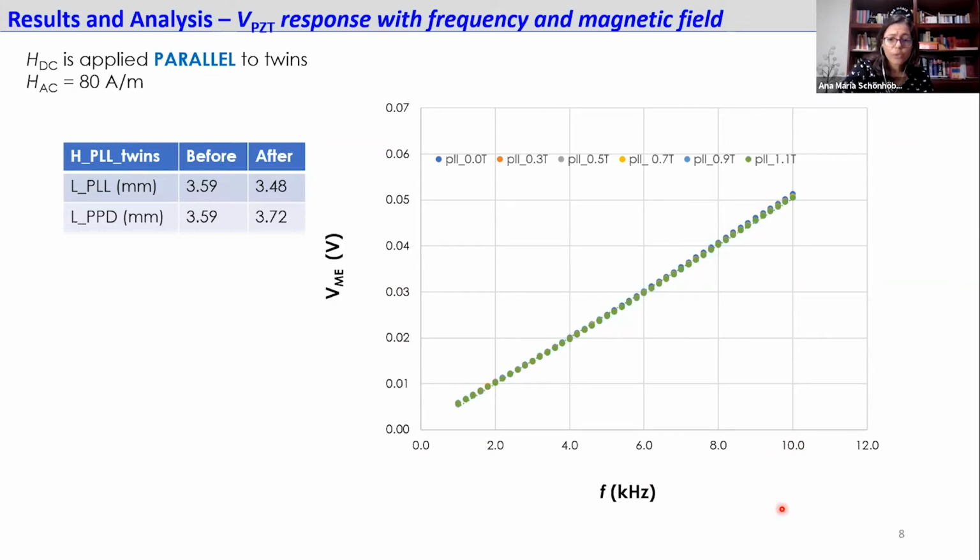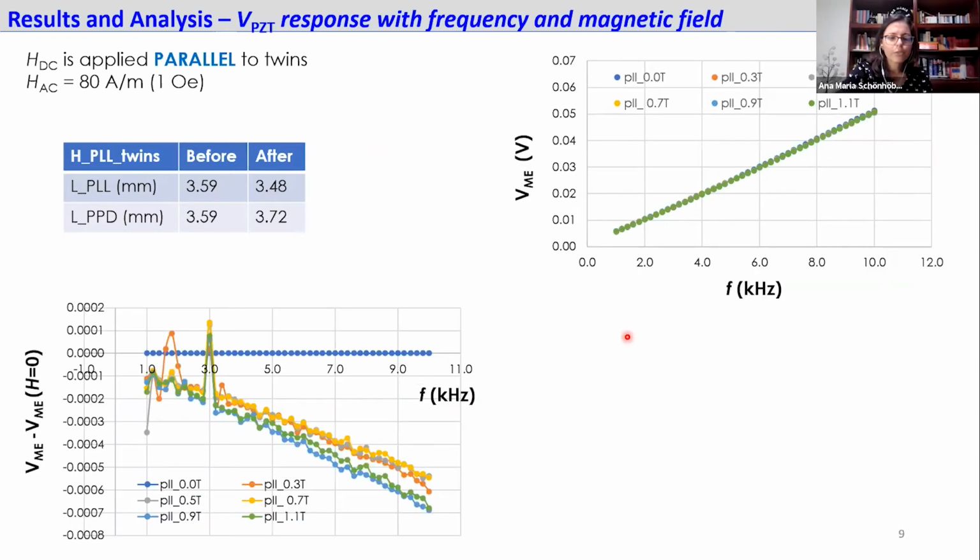However, if we look more closely, we realize that there are small differences for different magnetic fields. So one way is to calculate the difference between the voltage at an H and at zero field. However, in this way, the noise at zero field, which is the blue plot, is reflected in the other plots.